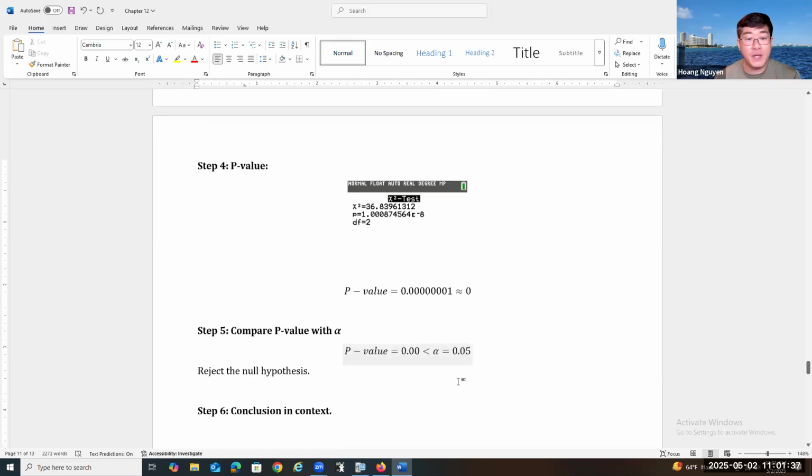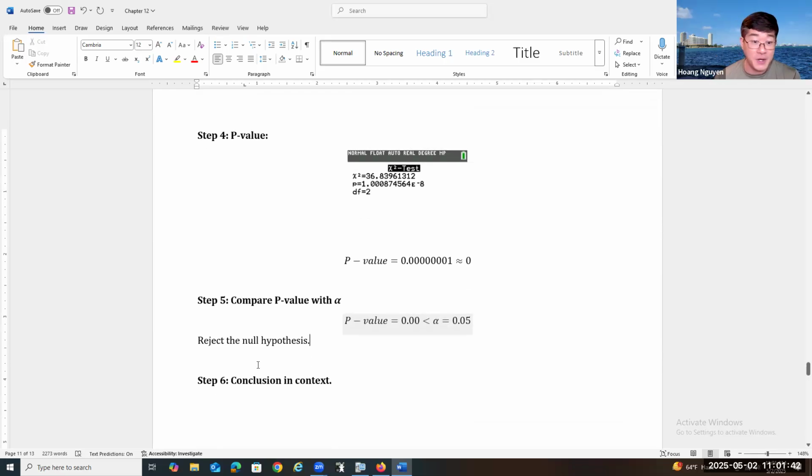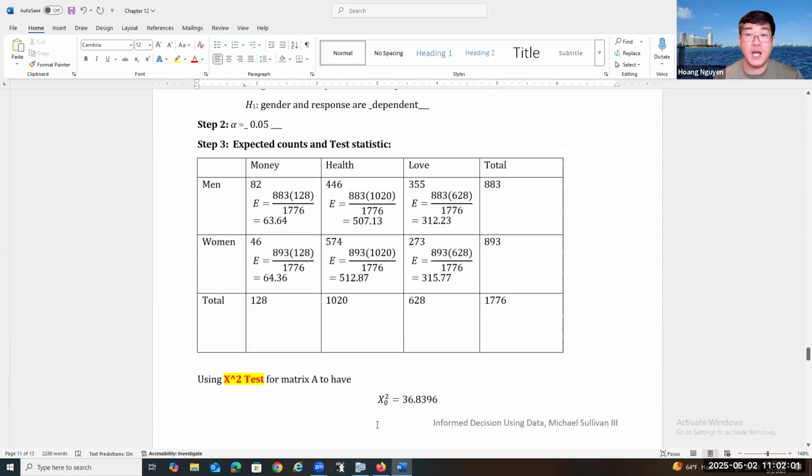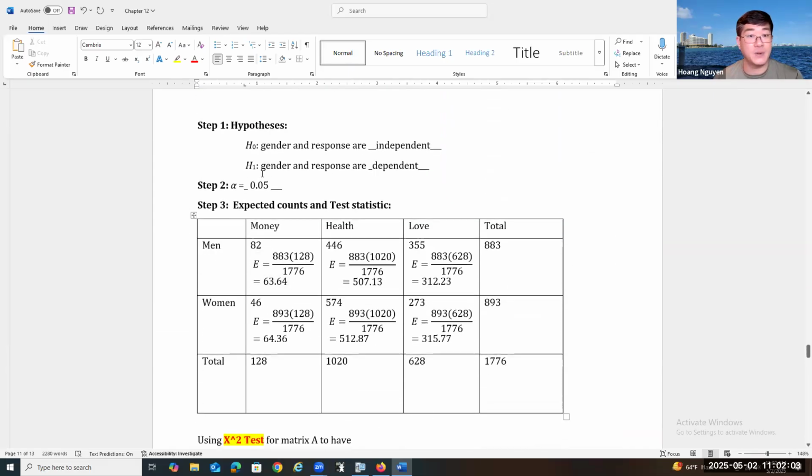So now, after we got the conclusion of reject the null hypothesis, what should be your final answer? What's your final statement to wrap up this hypothesis test? Because we reject the null hypothesis, you're going to take a look at the alternative hypothesis, right? The alternative hypothesis says that gender and response are dependent.